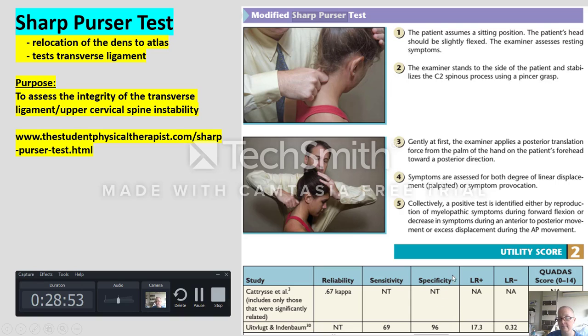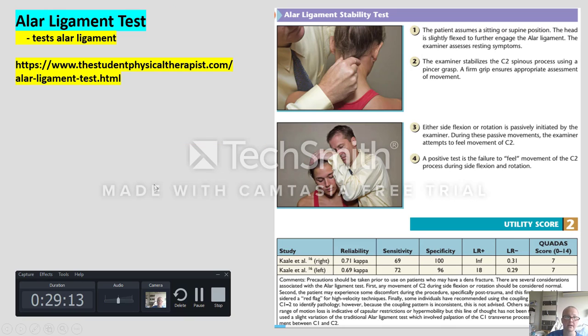But it's higher in specificity, which means that 96% of the people who didn't have the condition tested negative for the condition. Yep. Got to get that down.